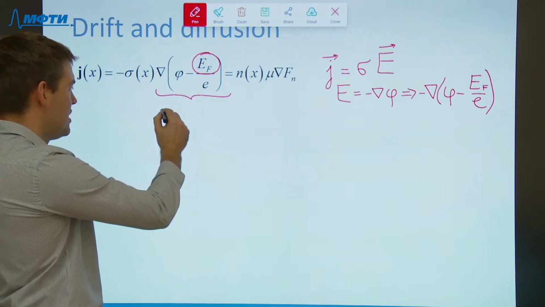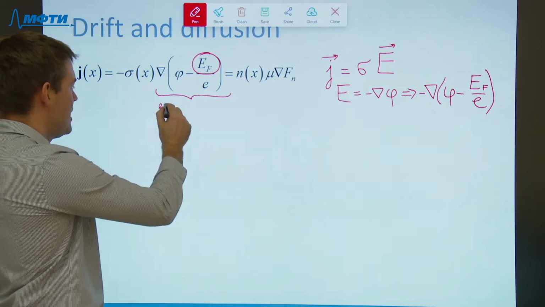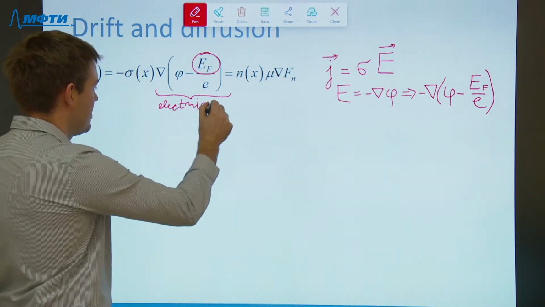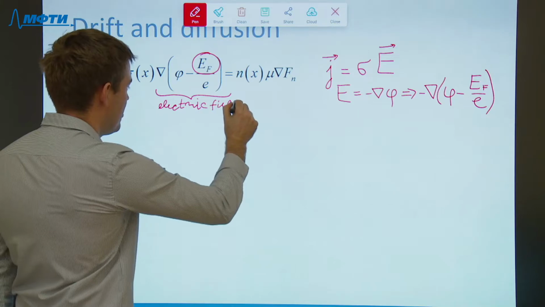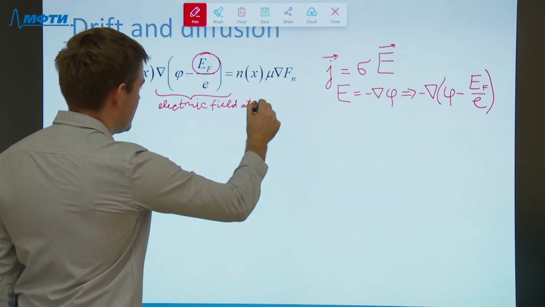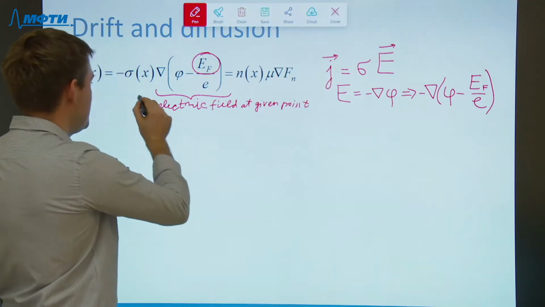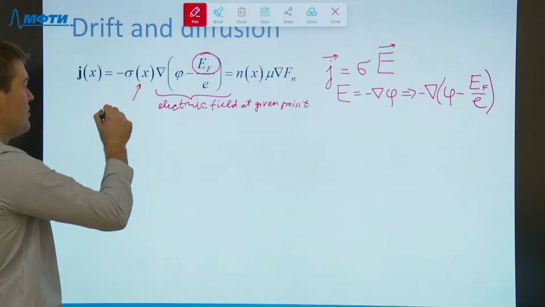So this should be the electric field at a given point. And the conductivity is taken also at a given point.